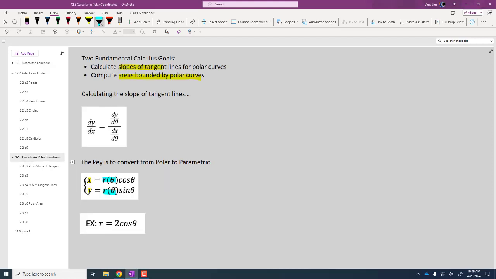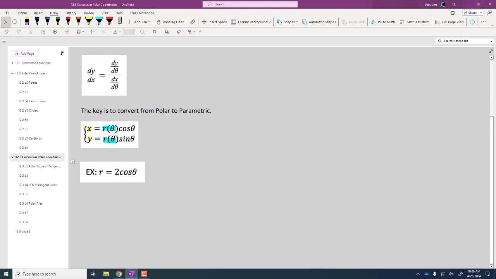If we plug that function in here and multiply by cosine, and plug that function in here and multiply by sine, we now have the parametric form of the polar equation. So this is going to be the easiest way to get at this. Then we're just doing what we did on Tuesday in 12.1. So we take our polar equation and we build these parametric equations. We build parametric from polar just by replacing the r.